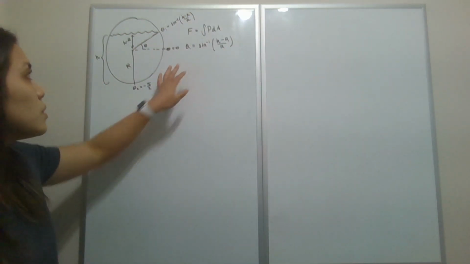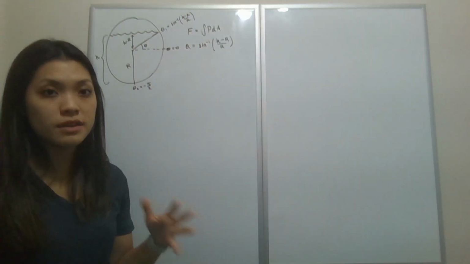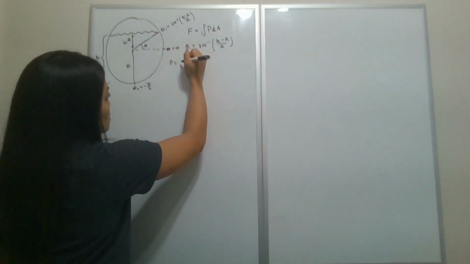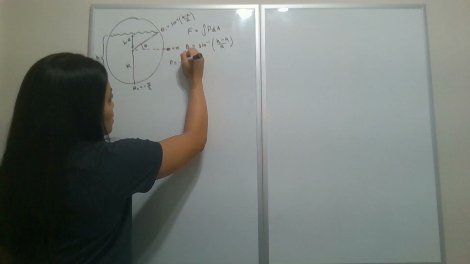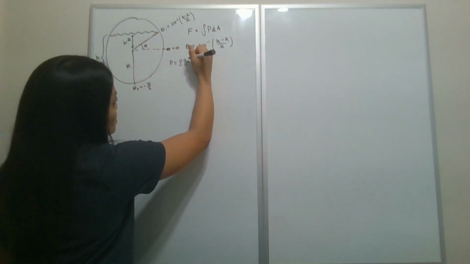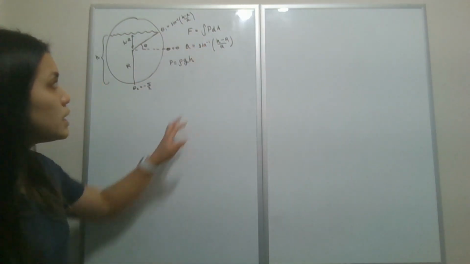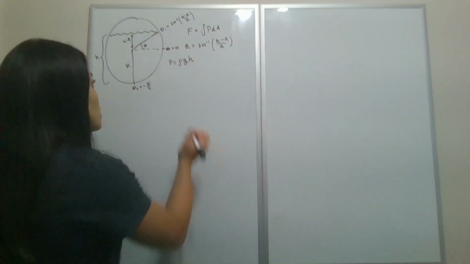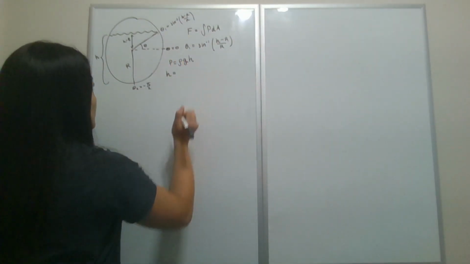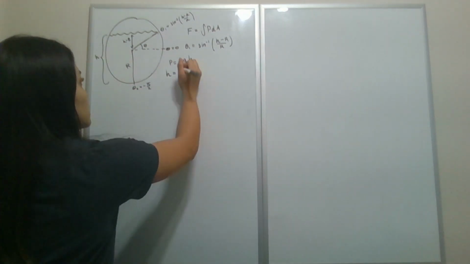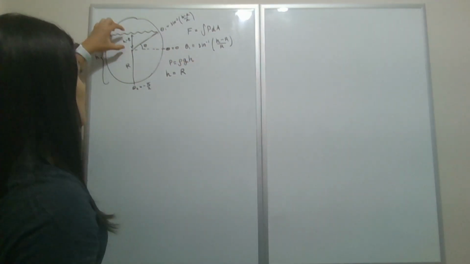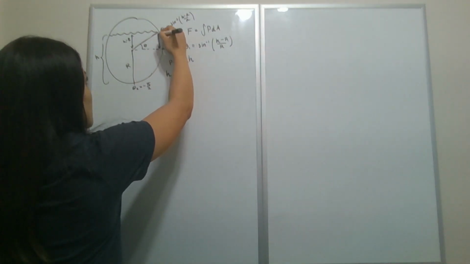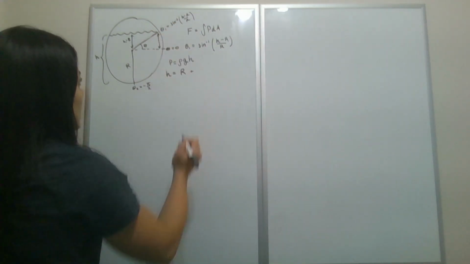Now, again, from the definition of pressure force that we used earlier, pressure force is equal to the density times the gravitational acceleration times the height. But now we need the fluid height in terms of theta as well. And so the fluid height is going to be defined as, we have the radius here, but then we have this portion up here that's going to be added to the radius.